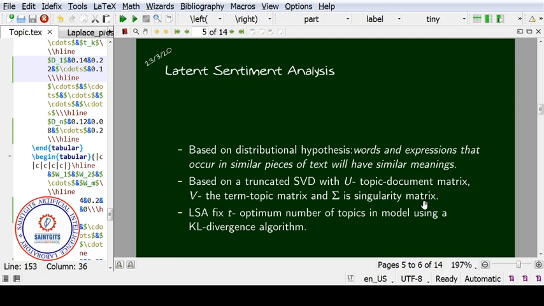That is another problem. So we have to optimize T, the number of topics required to classify the given text data into different classes and convey the proper meaning. So LSA focused on two ideas. One is to classify the words into different topics and also fix the optimum number of topics.